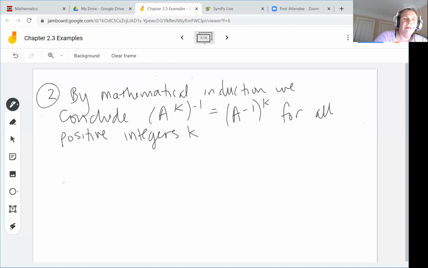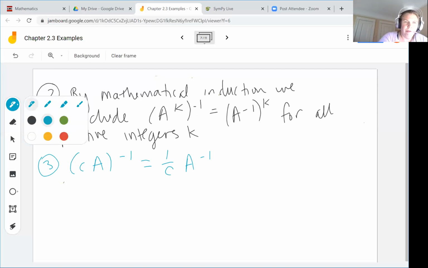All right, let's go on to part 3 here. So part 3 is that if we multiply by scalar c, c times A's inverse is 1 over c times A inverse. Let's check and see if this right here is in fact the inverse just by multiplying it by cA. So we'll go the forwards direction and the backwards direction, or left and right.